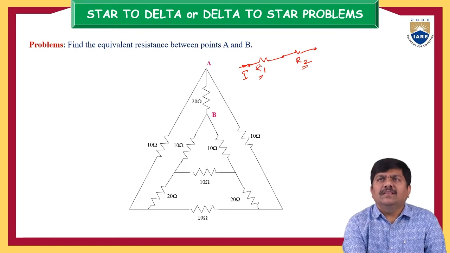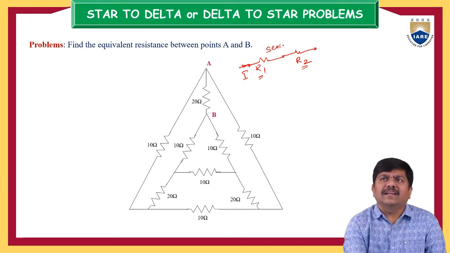Otherwise, the current through R1 might differ from the current flowing through R2. But here, since R1 is joined to R2 and R2 is joined back to R1 like this, this physical connection makes the current through R1 and R2 the same. Then these are said to be series connected elements.